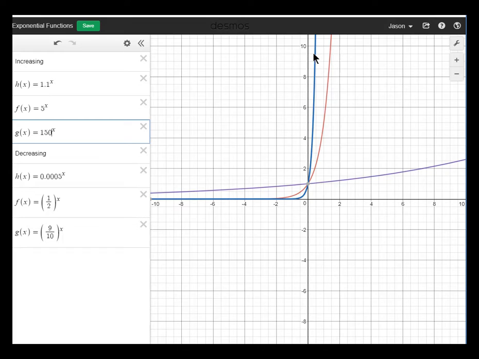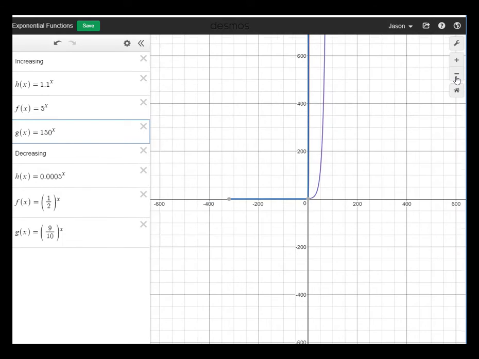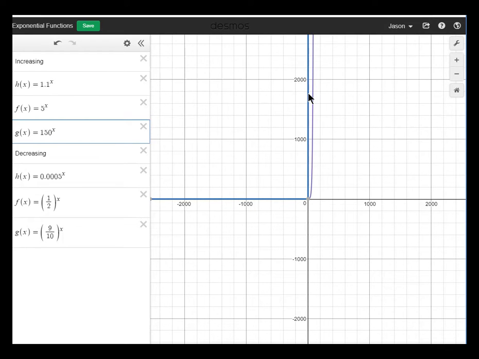It's just going to be some very large y values that correlate to them, but it still continues on. I would have to zoom out so much, and even if I'm zooming out, it looks like it's traveling right along the x-axis, but I'll eventually get very massive y values whenever I plug in 1,000 for x over here for g of x equals 150 to the x.